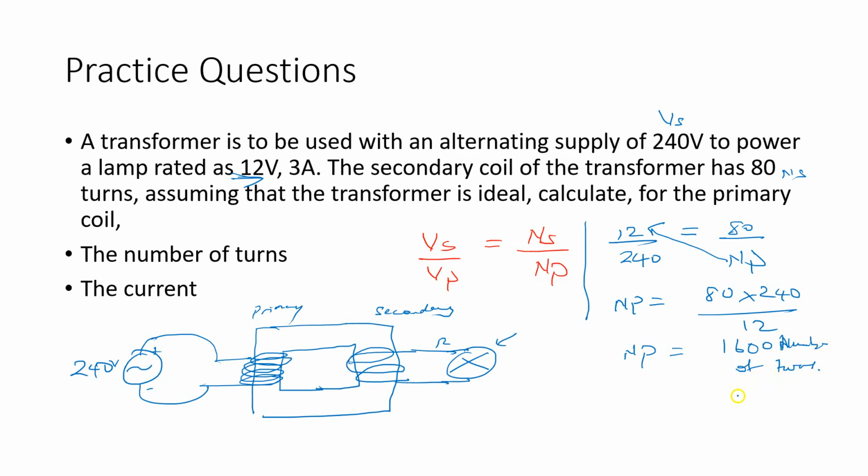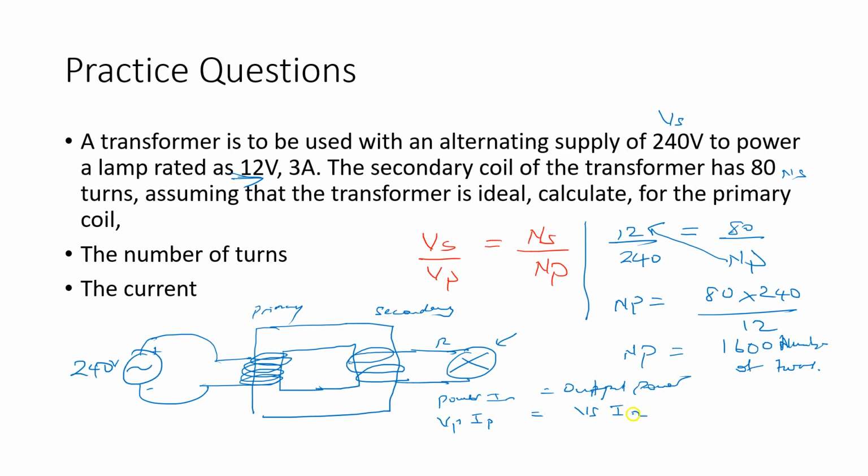Then another part of the question asks us to find the current. There are two ways we could have done this. Since it's an ideal transformer, power in is equal to power out, or output power. So power in is VP times IP, which is equal to VS times IS.